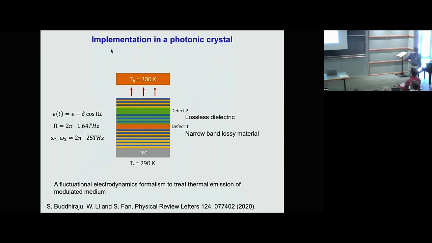In this case, it's in radiative exchange with a higher temperature heat source. So even though it's sitting in a low temperature background, if it's intrinsically lossless, the photon is primarily coming from here. So then we modulate the dielectric function in between these two resonators.